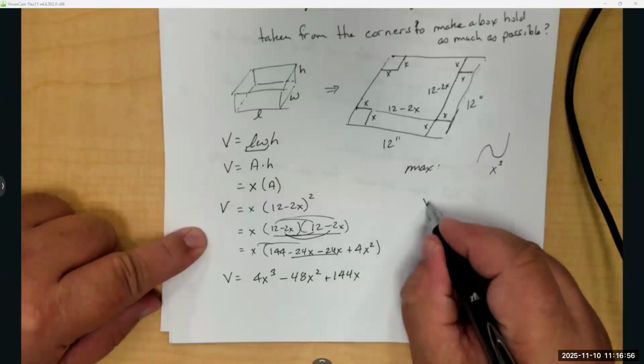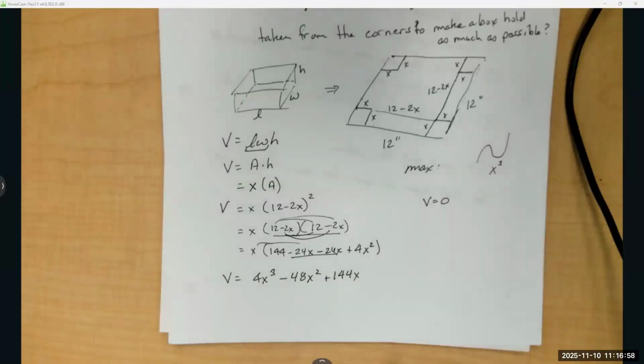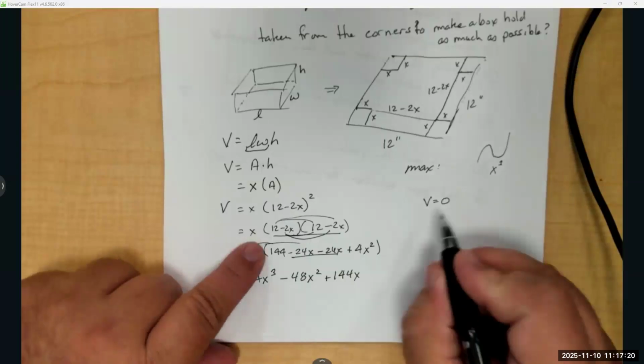If we set v equal to 0, what's that going to find for us? We're going to have to do that anyway for checks and balance. Let's solve this for 0 and see what we get.